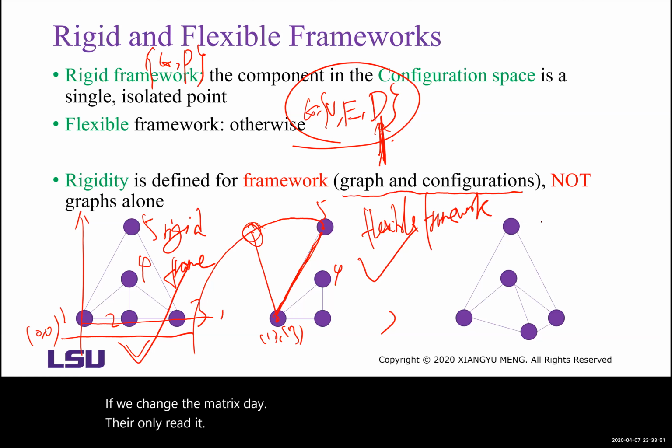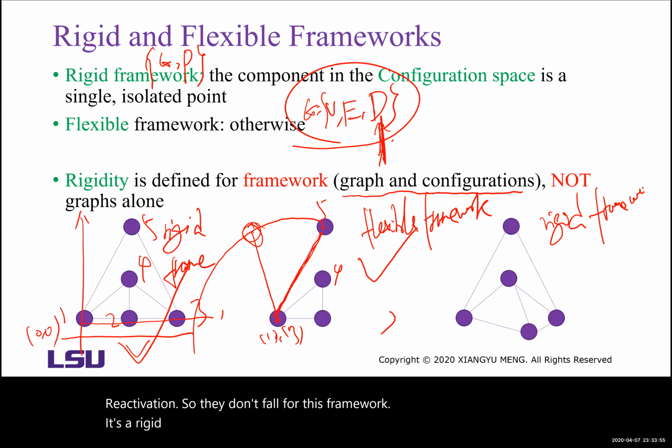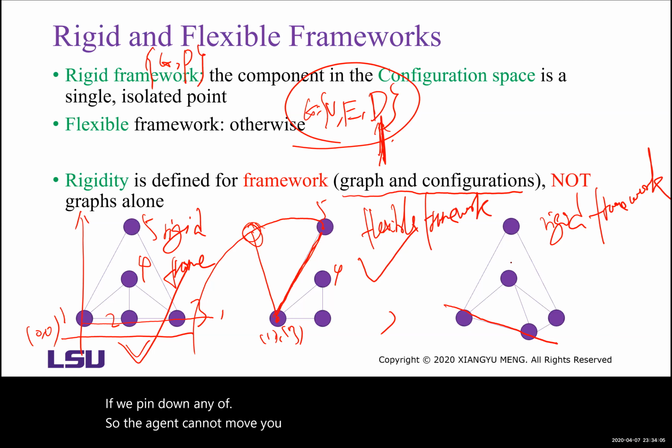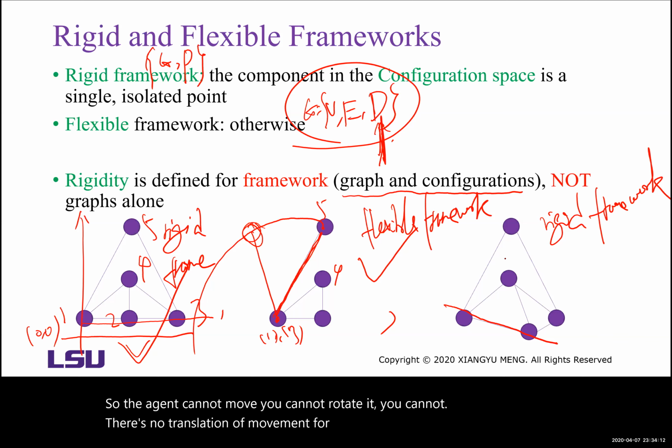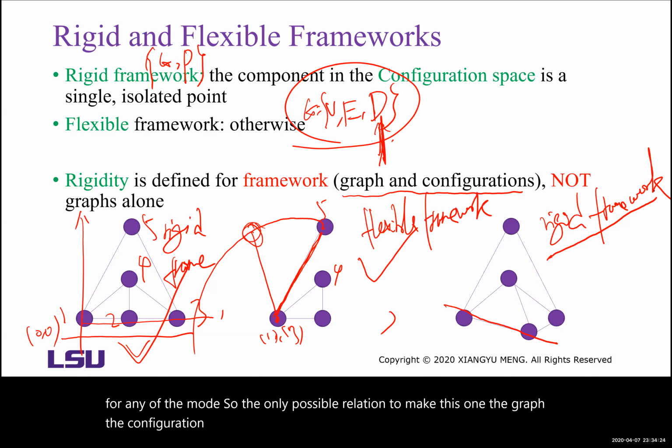Therefore, for this framework, it's a rigid framework. If we pin down any of the edges, the agents cannot move. There's no translational movement for any of the nodes and no rotational motion for any of the nodes. So the only possible realization to make the graph and the configuration is a rigid framework.